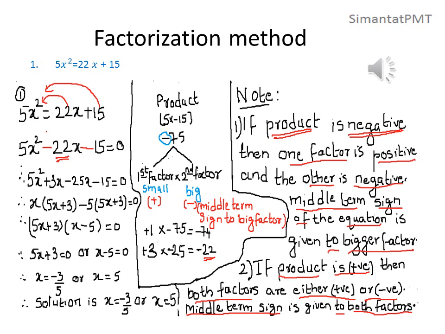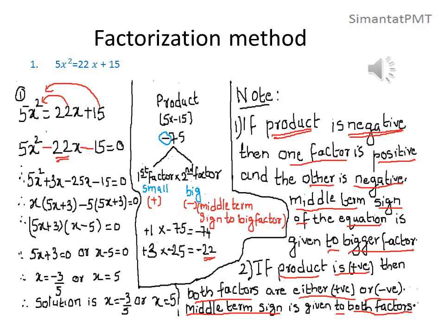So what we have done, we can now split the middle term minus 22x into 3x and minus 25x. So it becomes 5x square plus 3x minus 25x minus 15 equal to 0.